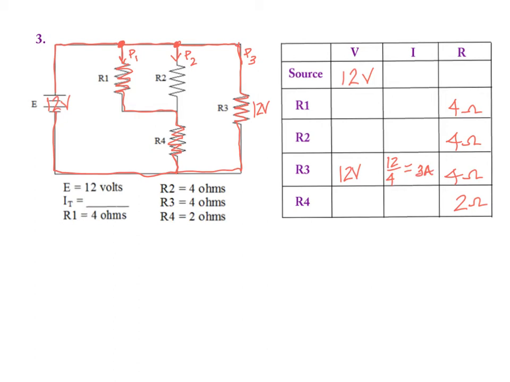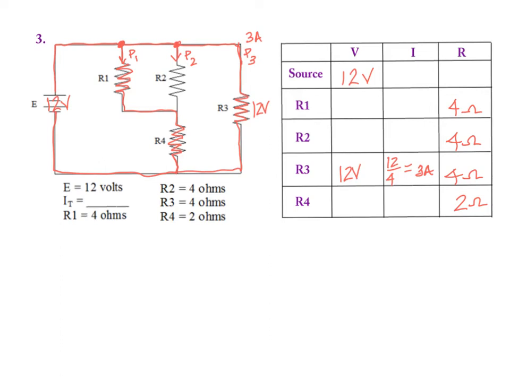Okay, so I have 3 amps in this pathway, but I still don't know the total current. And since I don't know the total current, I'm going to have to find the total resistance. So what I'm going to do is start right where the current splits at R1 and R2. I'm going to deal with those 2 resistors because they're in parallel.